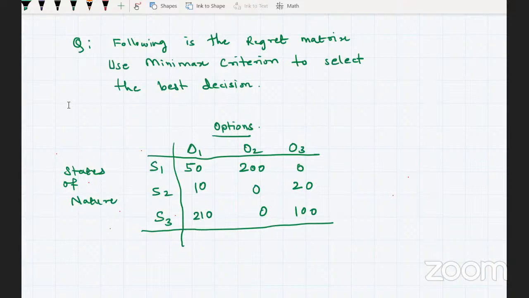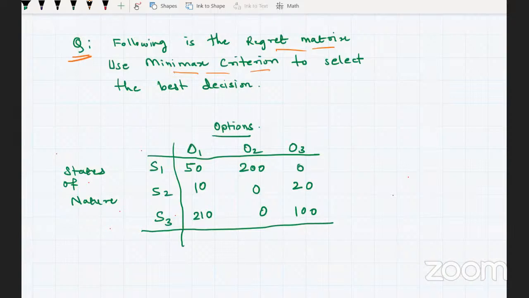So things are made easier for you. The question which you can expect in your MCQ type is like this. Following is the regret matrix. The regret table is already given to you, and you have to use the Minimax criteria to select the best decision.